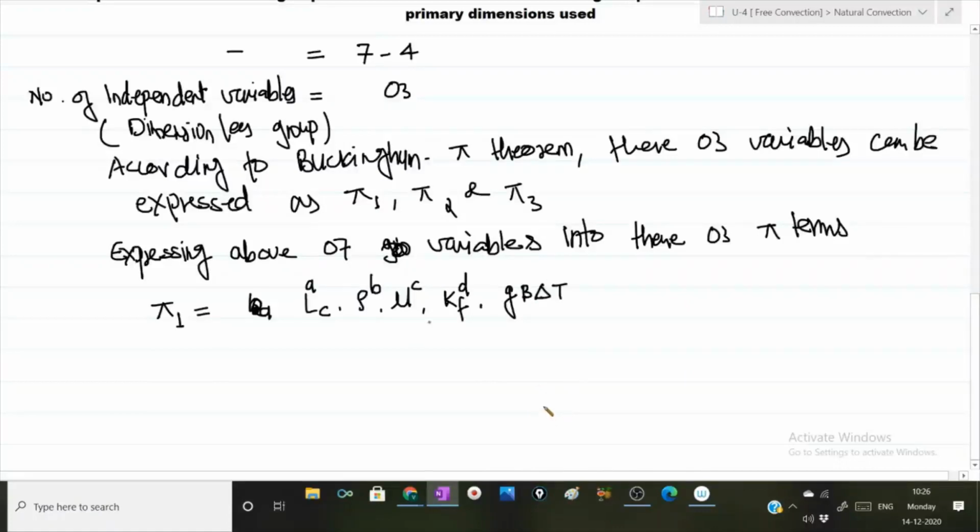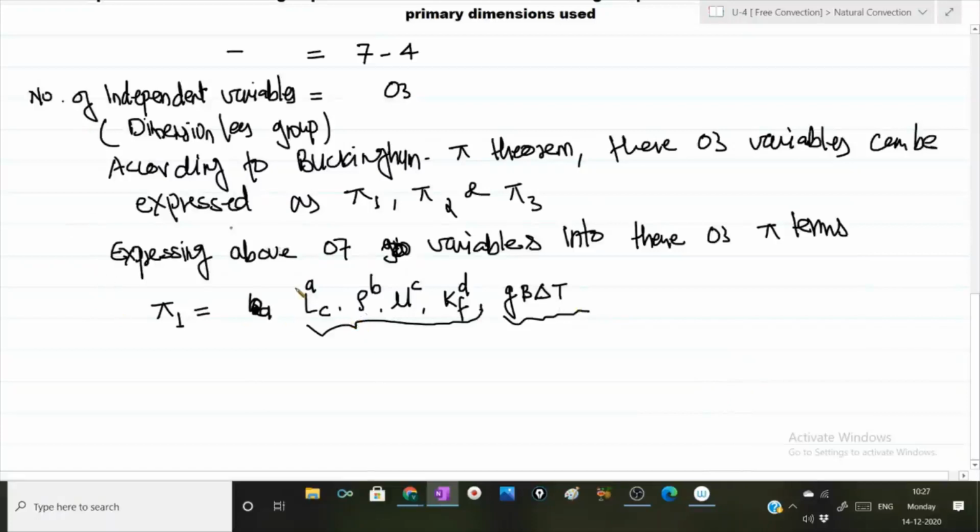Now, how did I select different variables to form this non-dimensional group pi1? The first 4 terms are called core parameters, and the last one is called the selected variable. How to select these core parameters?